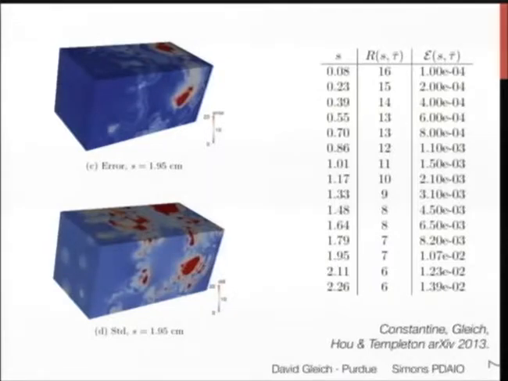So here's the true error, and here's our error estimate for a representative piece of this brick. And so what you can see is where this thing is high, you do tend to see high error. So this is the temperature offset in degrees Celsius, I believe. Moreover, S here are the sizes of bubbles.